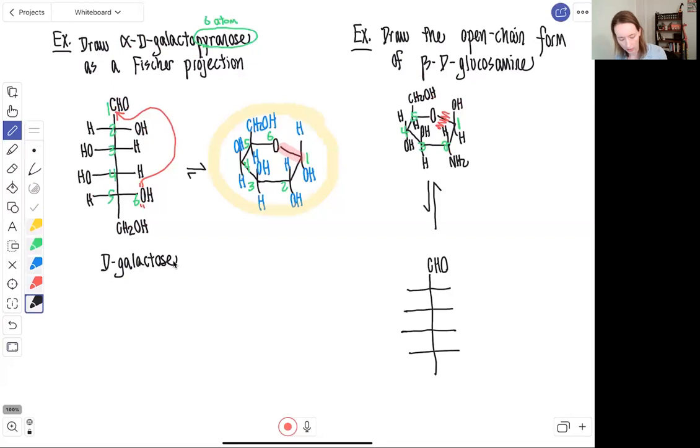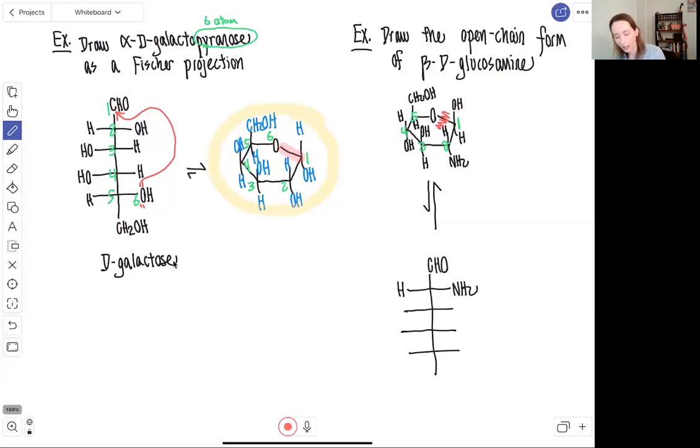And we need to keep in mind the stereochemistry at each of these positions. So bear in mind that if the group is downward oriented in the ring, that means it is on the right in the open chain form. So the NH2 group, the amine group there at position 2, needs to be on the right in the open chain form. Hydrogen's going to be on the left.